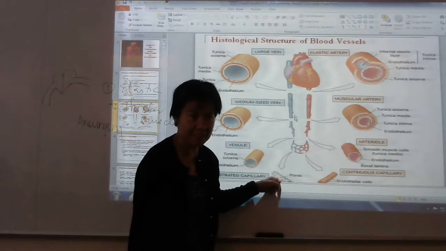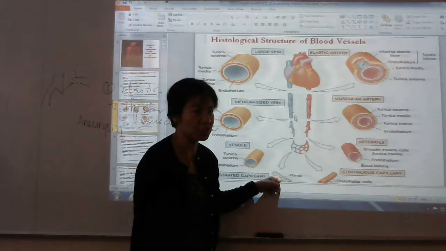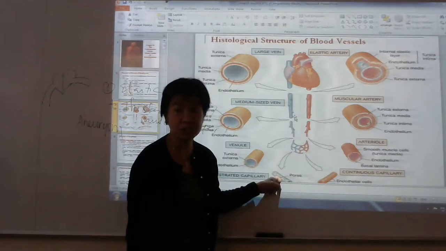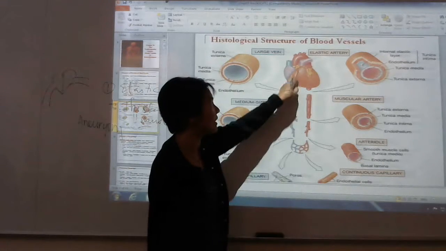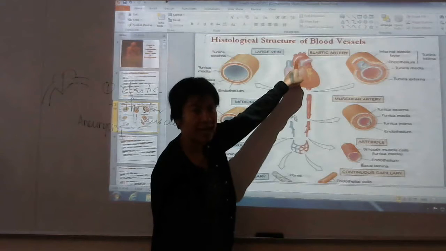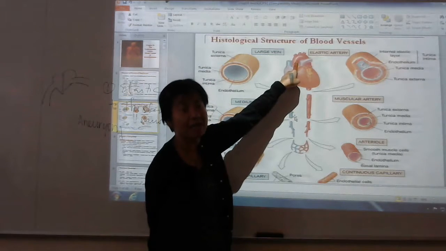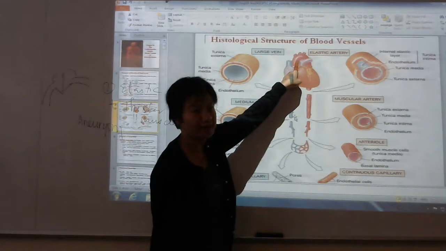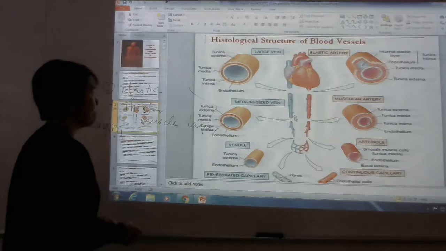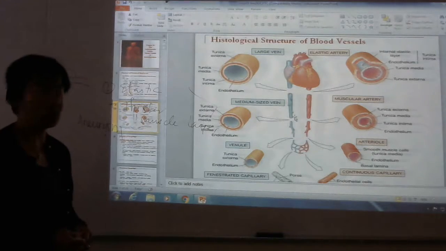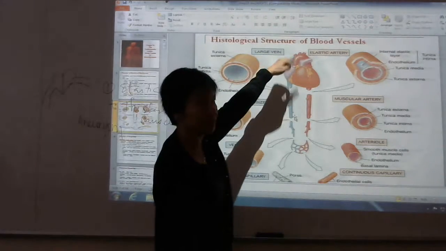They don't have legs. They have to be pushed out. What will push them out is pressure. And that explains why you have a thick muscle layer here and double layer of elastic fibers. You understand? Okay?